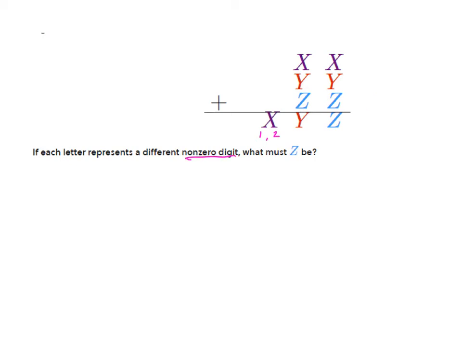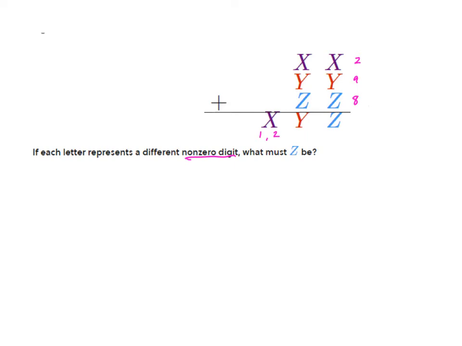The next thing I'm going to look at is just this ones place column, and what is the maximum I could possibly have in it. The maximum for x is 2, and the maximum for y and z are 8 and 9, or 9 and 8. It doesn't matter what order I do them. Let's do 9 and 8. 9 plus 8 is 17, plus 2 more is 19.